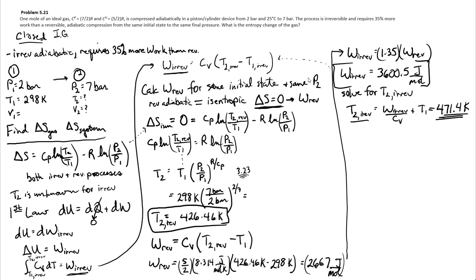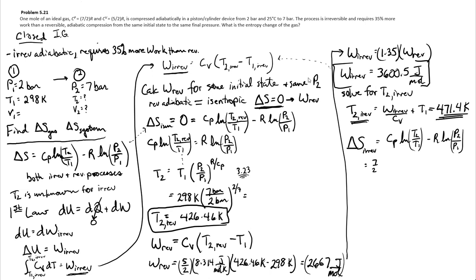Okay, so now I know my irreversible, and I've written reversible and irreversible. Sometimes I like to use reversible and real. I like to say real instead of irreversible. So now I can calculate delta S for the irreversible process. And that's CP natural log T2 over T1 for the irreversible, minus R natural log P2 over P1. And we plug those in.